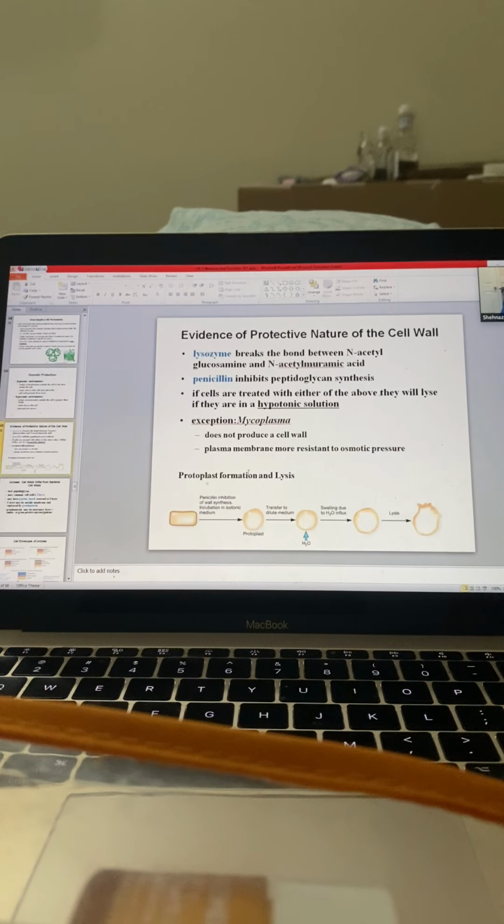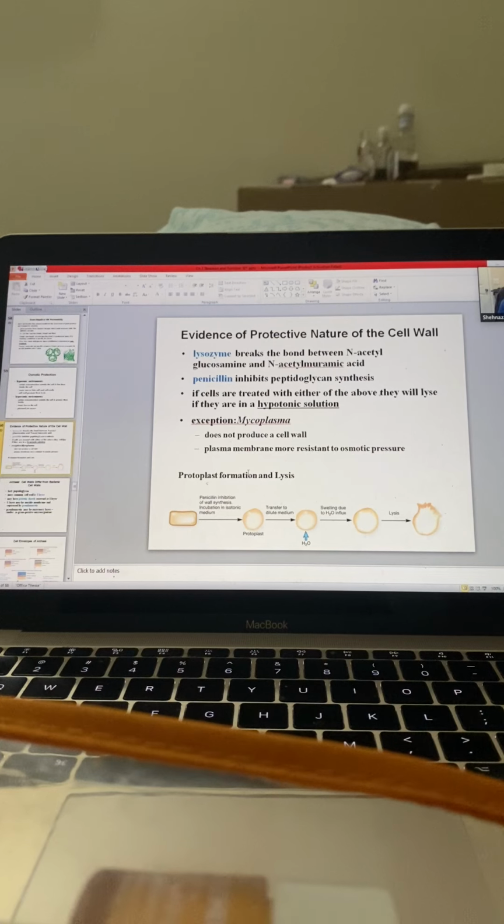So what is some of the evidence that we have that the cell wall is protecting the cell from osmotic lysis? There are two compounds that you will come across, and they've been used extensively in research when microbiology was first instituted. And you know this enzyme called lysozyme. This lysozyme is the one that breaks the bond between NAM and NAG.